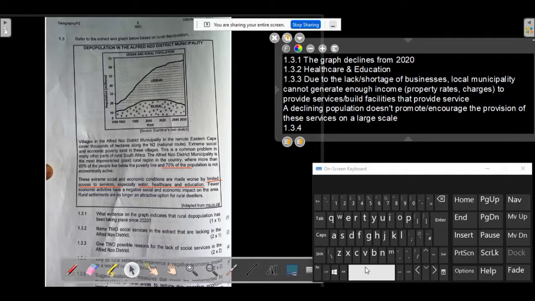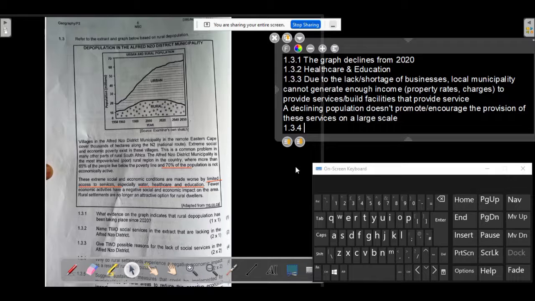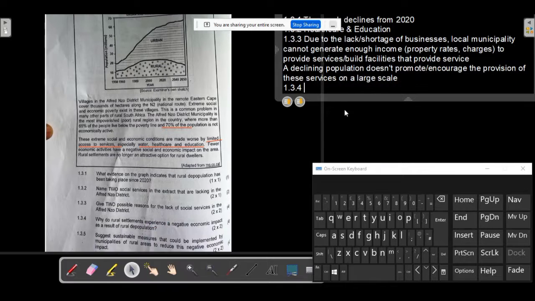It gives you room to provide your answers or other possible options here. This is not the only answer that is there. You're going to look at the memo. There are many possibilities on the memo, and so don't worry about that.